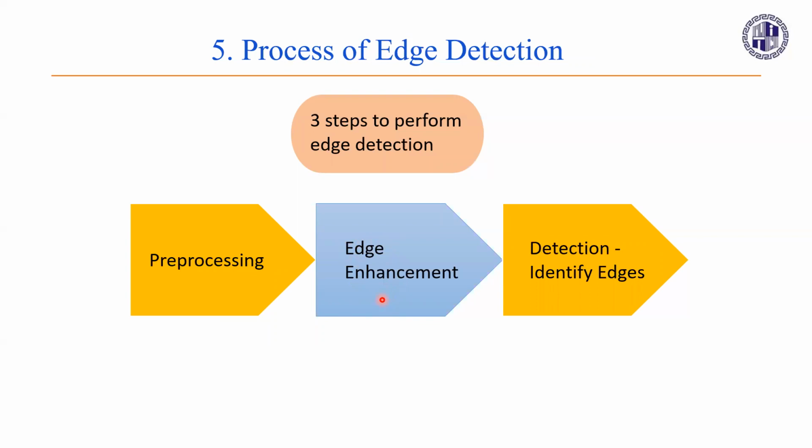It involves detecting the edges using various mathematical operators like Prewitt, Sobel, or Canny operator, which we're going to discuss in the further slides. Then comes the detection or identifying the edges, that is post-processing. It involves post-processing the detected edges to improve their quality and remove any noise or spurious edges. Various techniques used are thresholding, edge linking, and edge thinning.